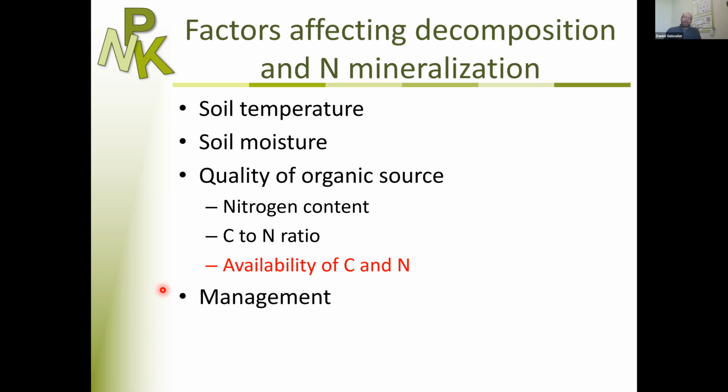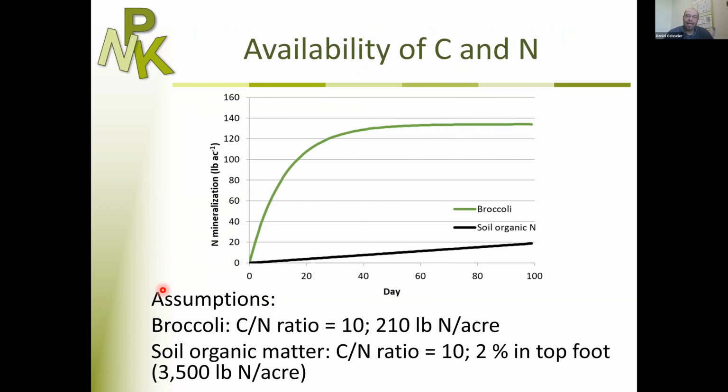Then, in addition to the carbon and nitrogen ratio, the availability of the carbon and nitrogen also plays an important role. And I'd like to illustrate that here with a graph where we see the nitrogen mineralization in pounds per acre over a period of 100 days.